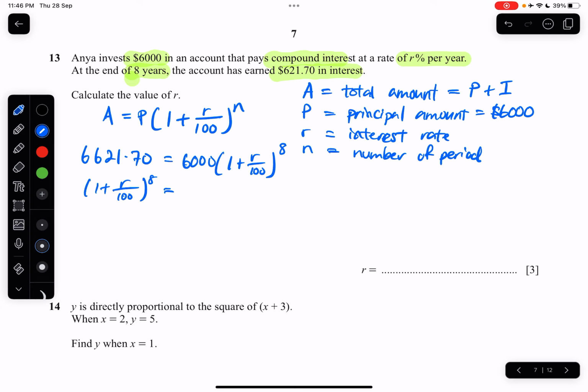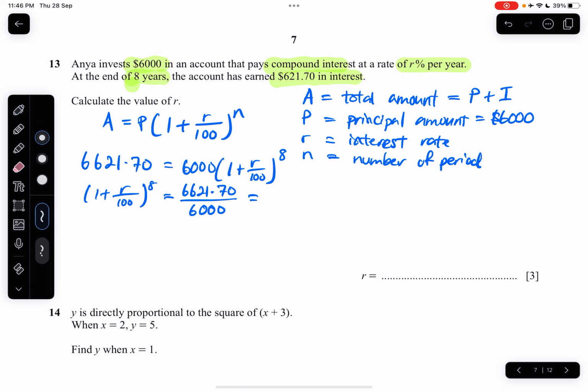Then I will divide by 6,000 to the other side. So I'll have 6621.70 divided by 6,000. Using a calculator, 6621.7 divided by 6,000, I'll have 1.1036, which is 5 SF.